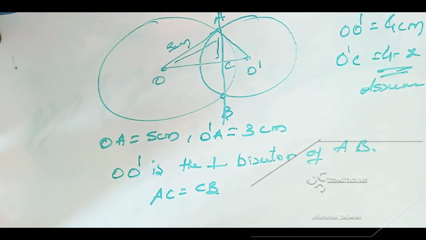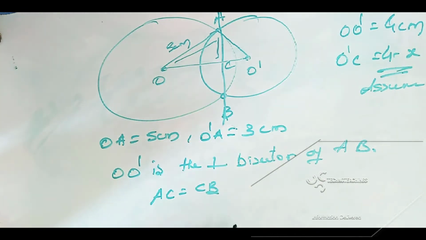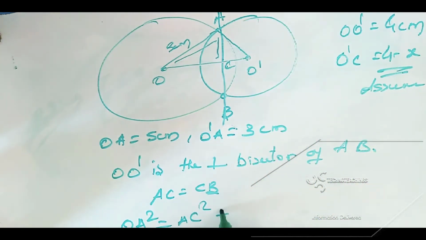I'll use the Pythagoras theorem in order to solve the sides of the triangle. So I'll write an expression OA square equals AC square plus OC square.